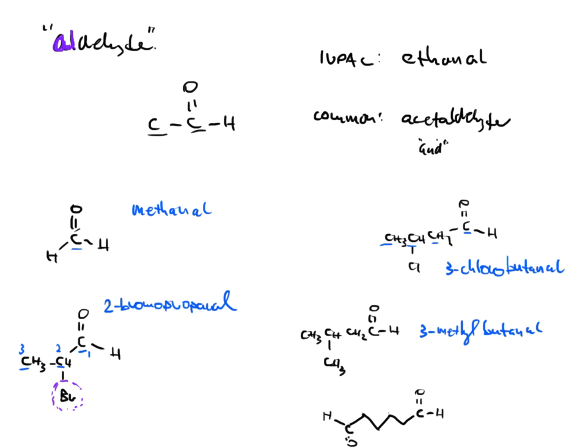There are 6 carbons in total here. There's my 1st, my 2nd, my 3rd, my 4th, my 5th, and there's my 6th. Okay, so the problem here is that there are 2 aldehyde groups, and that's okay.